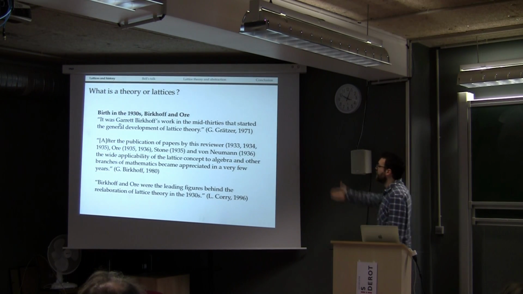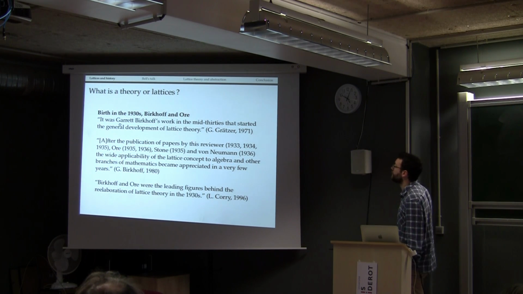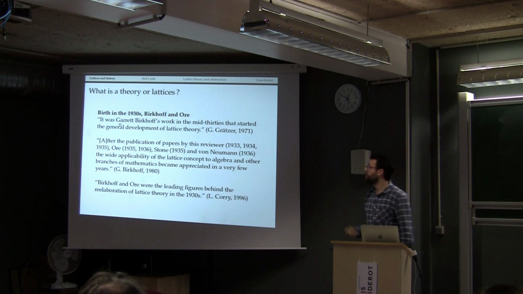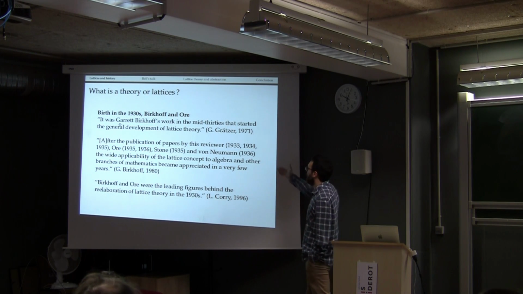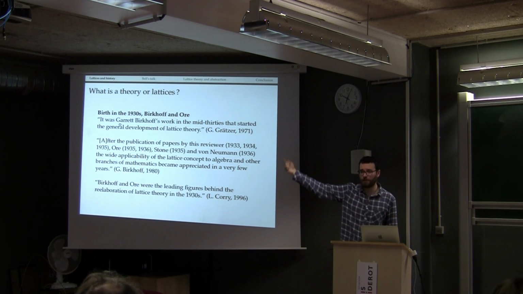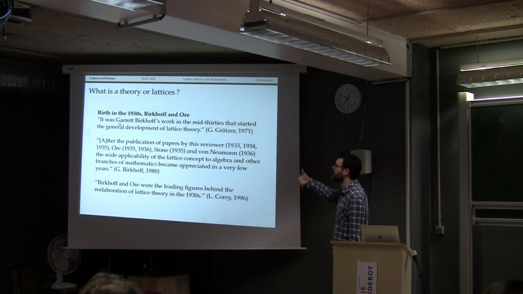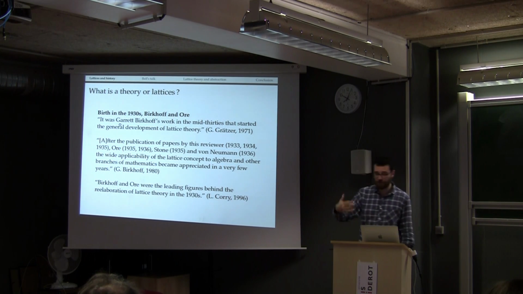So for example, if you look at the main actors of the theory and you take this kind of definition of a theory, they are given before the inquiry, and you have sentences like this, one by George Grätzer, who is the author of the second critique represented, and he said that it was Garrett Birkhoff who developed the theory.